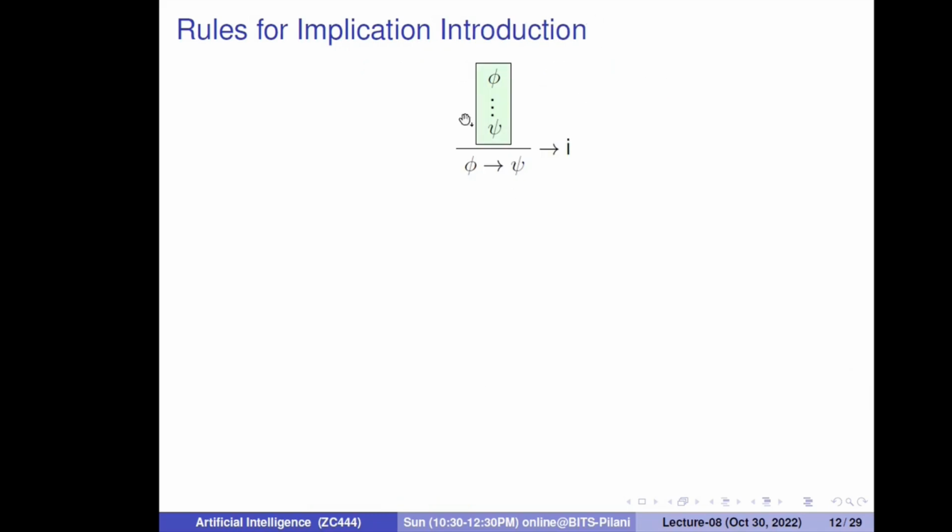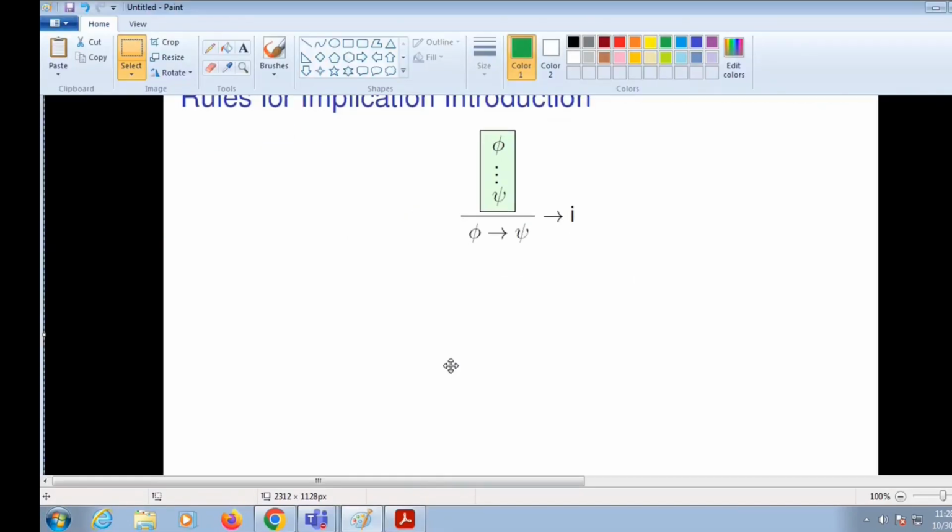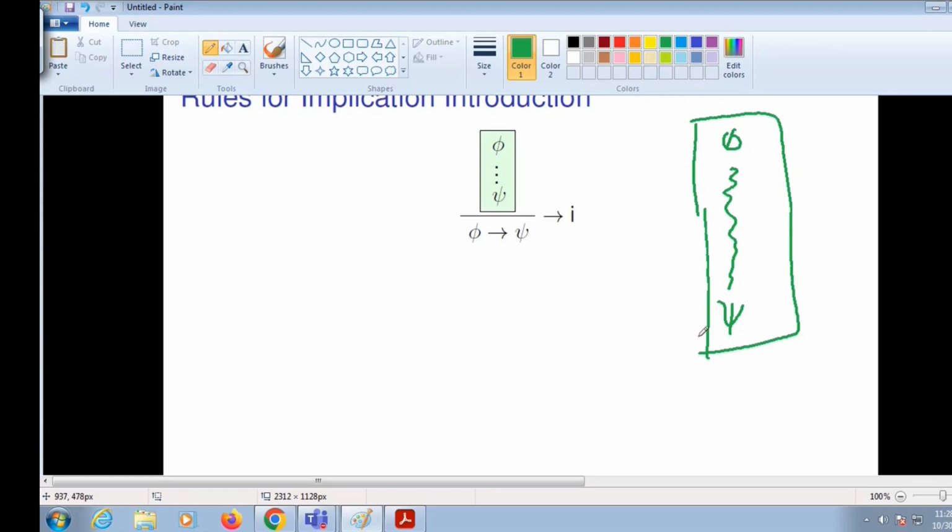How do you make this thing, phi implies psi? There is a very interesting idea: if you have something phi and you do some steps, but after that you reach psi, and all of this is inside a box (please note that making the box is very important), then you can say that phi implies psi.